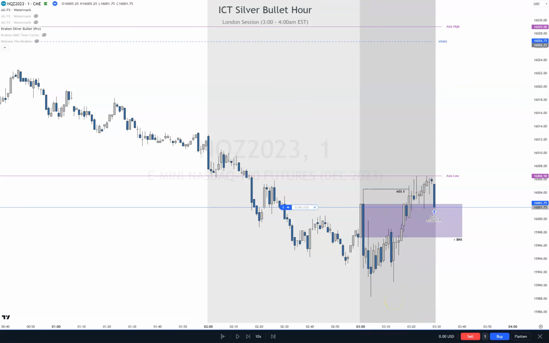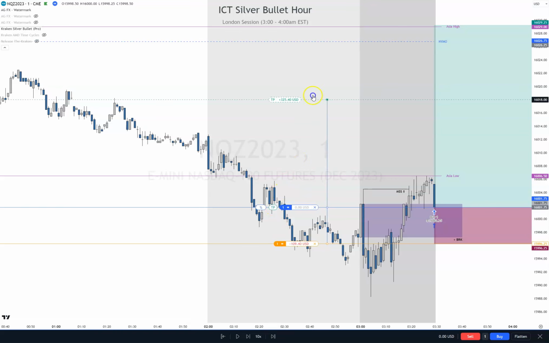Close that candle. By there, the stop goes below the breaker, goes to Asia high. So we're going to move our stop right here.